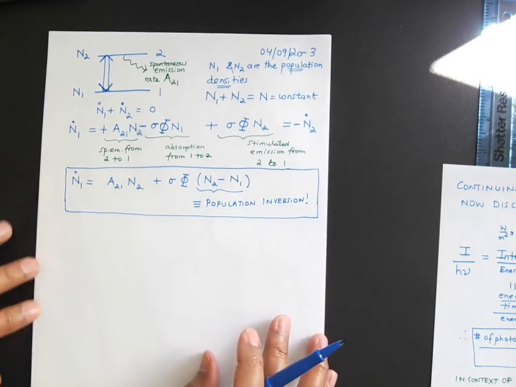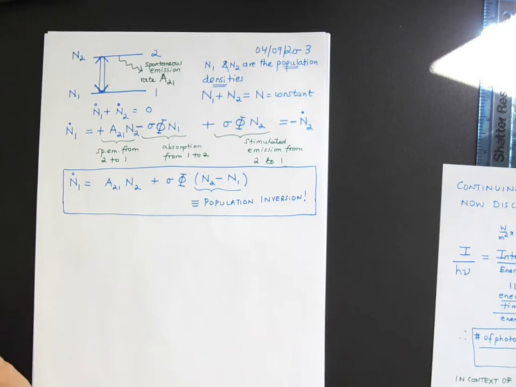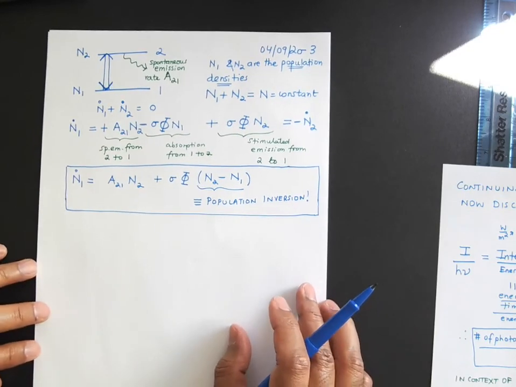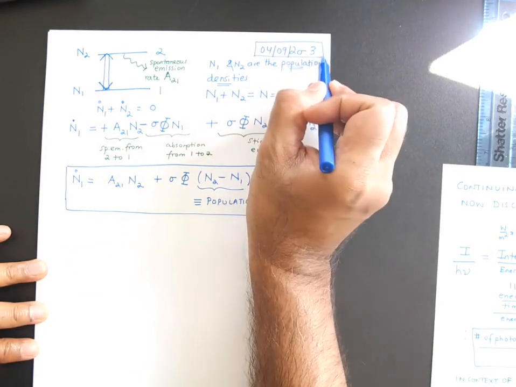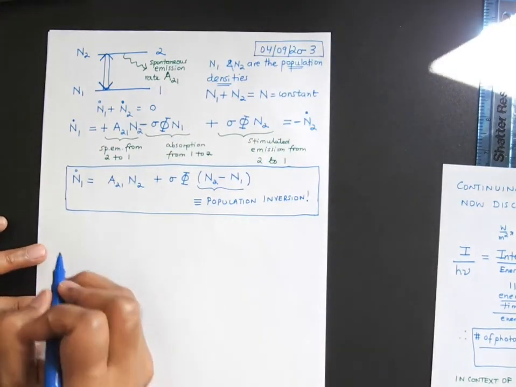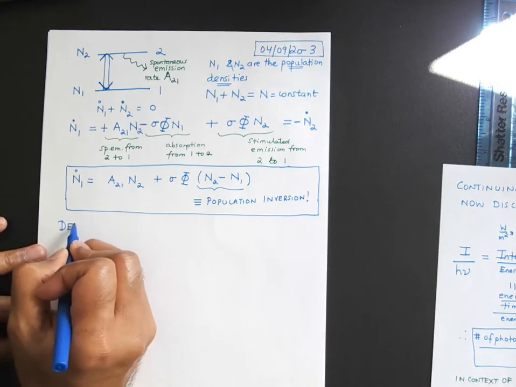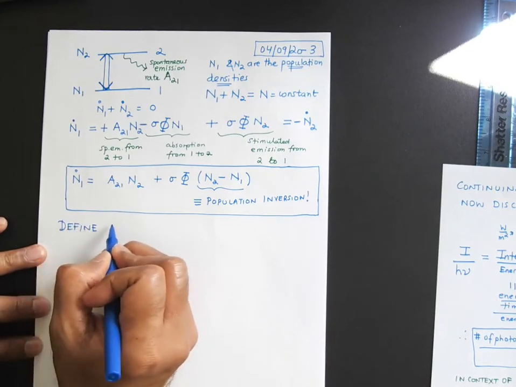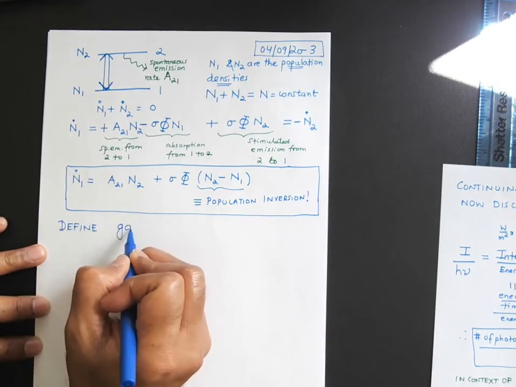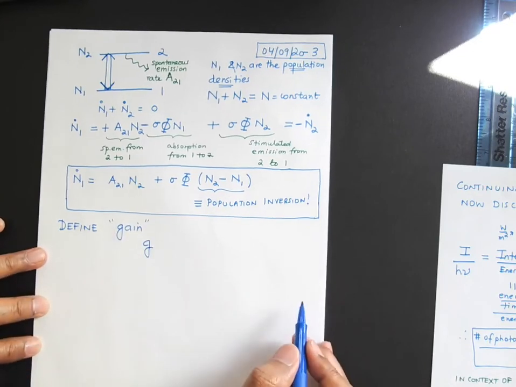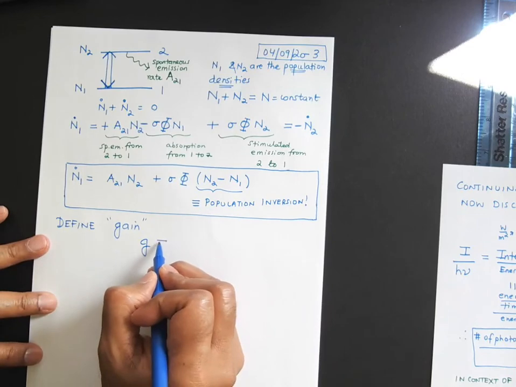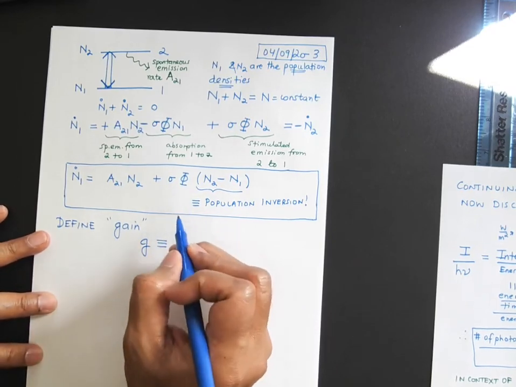And then we can look at this, and let me do one last thing here, and then we'll go into our little break. We're going to define gain. This is so important. Define the gain G as exactly equal to this.